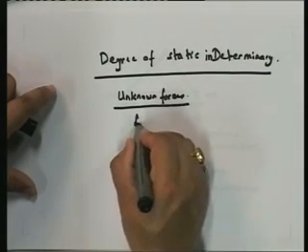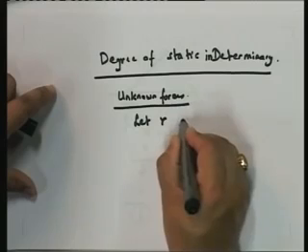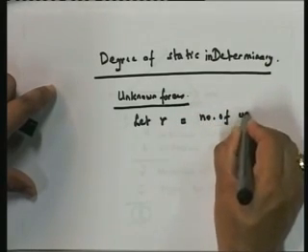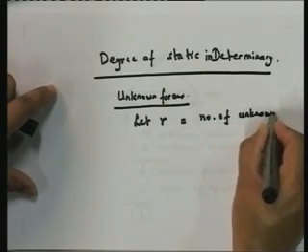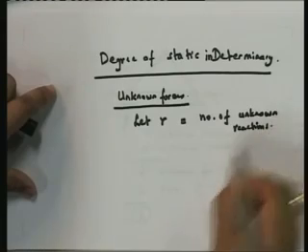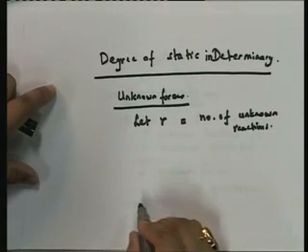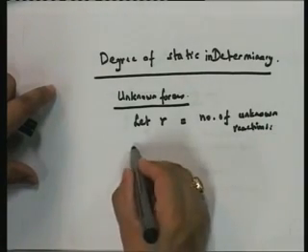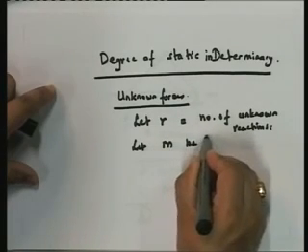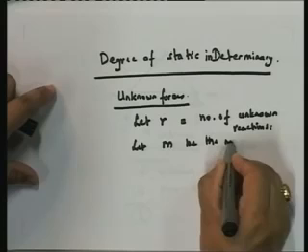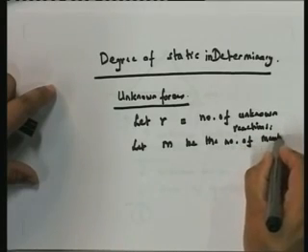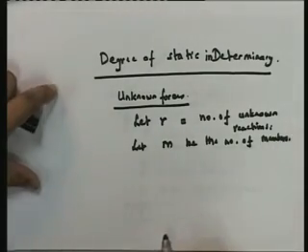Let R be equal to the number of unknown reactions in the structure, all at the supports, and let M be the number of members, truss members, in the structure.